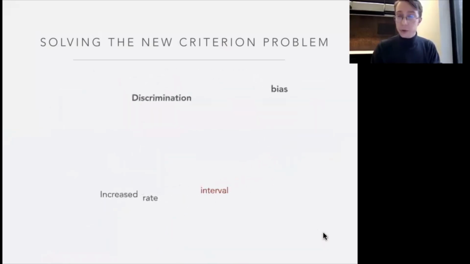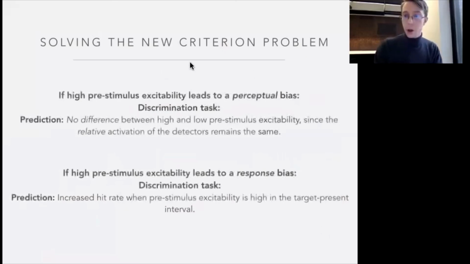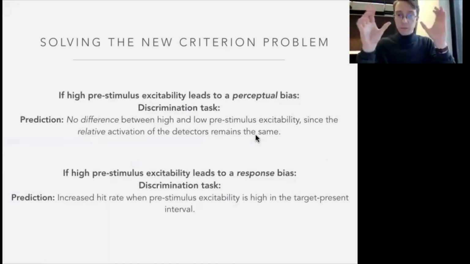So we have a difference between the two hypotheses. If you have a perceptual bias, the prediction will be that there's no difference between high and low pre-stimulus excitability in the discrimination task, since the relative activation of your two detectors will, at the end of the day, be the same.